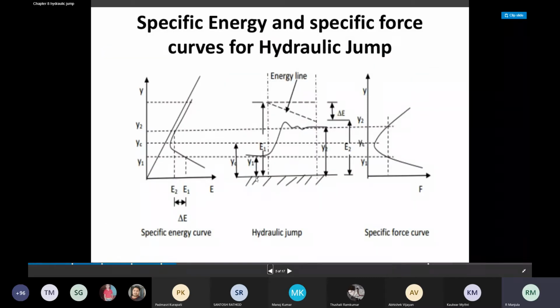This is Y1 and this is your Y2, and you can see the critical flow phenomenon is somewhere here, the YC. YC is the critical depth. So YC is greater than Y1 but less than Y2. So YC is the critical depth of flow, Y1 is the initial depth of the flow, Y2 is the alternate depth for the same energy. Okay.